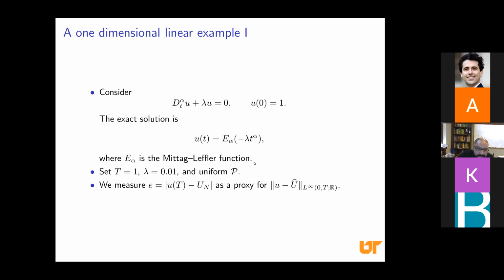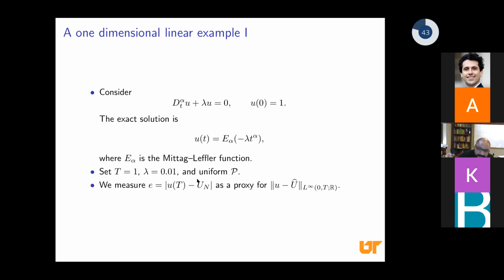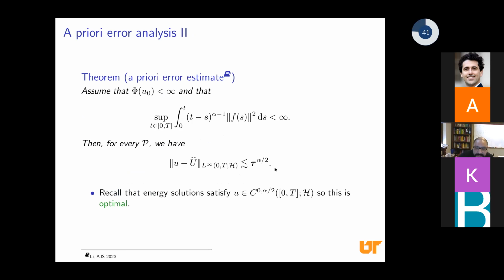To be able to compute the error, let's take a uniform time step, and let's measure the error at the final time step, just as a measure of the L infinity error. And it turns out that the convergence rate is of order tau to the alpha. So twice as good as what our theory suggests.